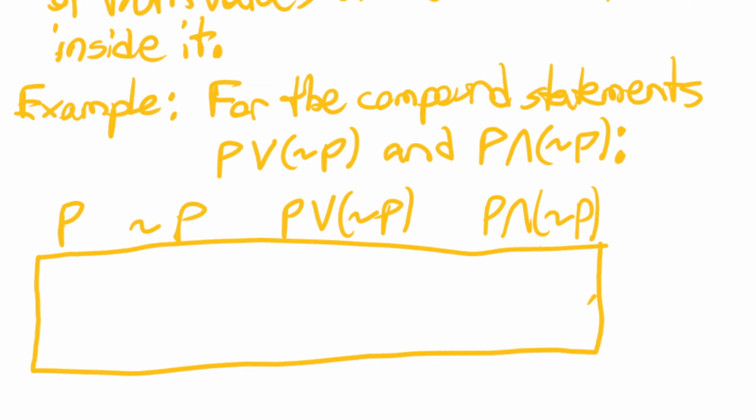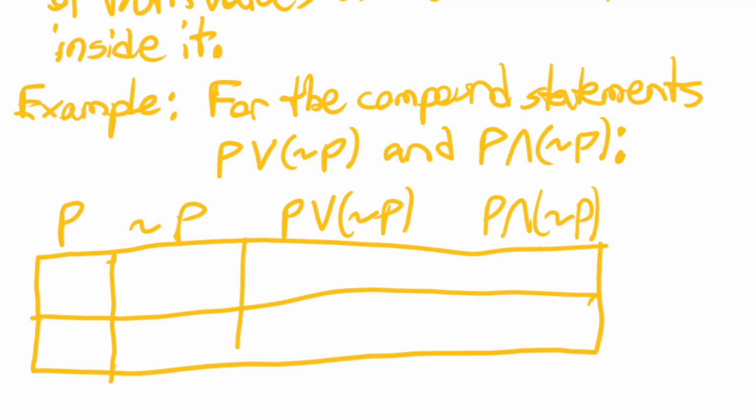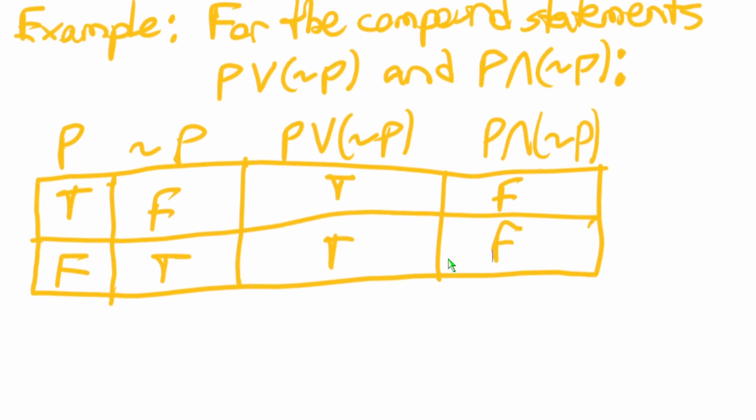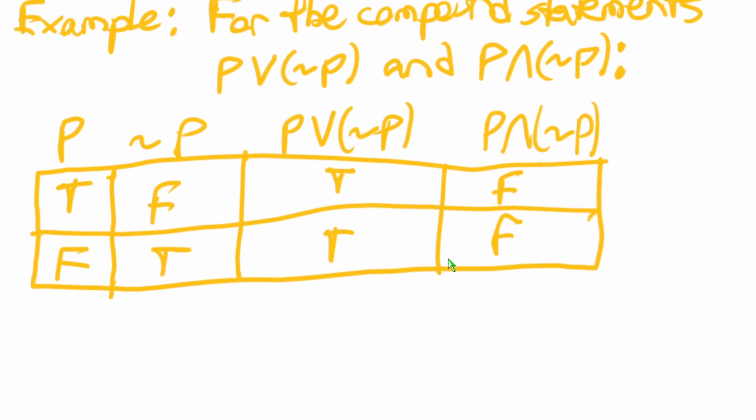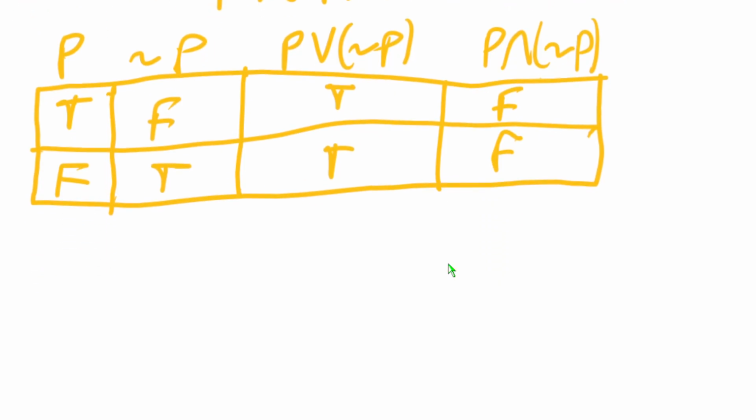This is only one statement, so we only have two values to look at. P and not P, of course, have opposing truth values. So the disjunction of P and not P is always true. It's a tautology because it's always true. And then the conjunction of P and not P is always false, which makes sense because they have opposing truth values.